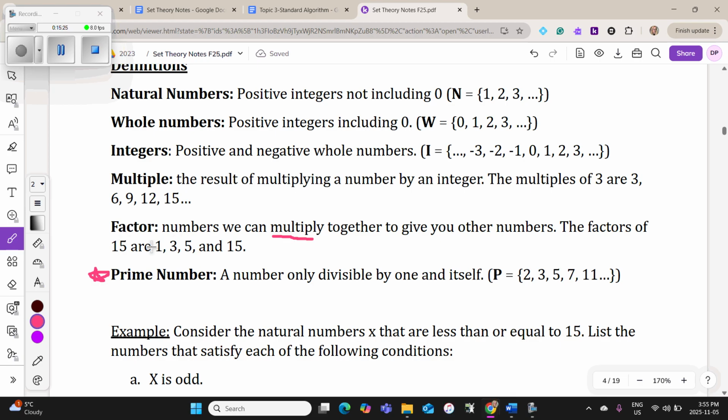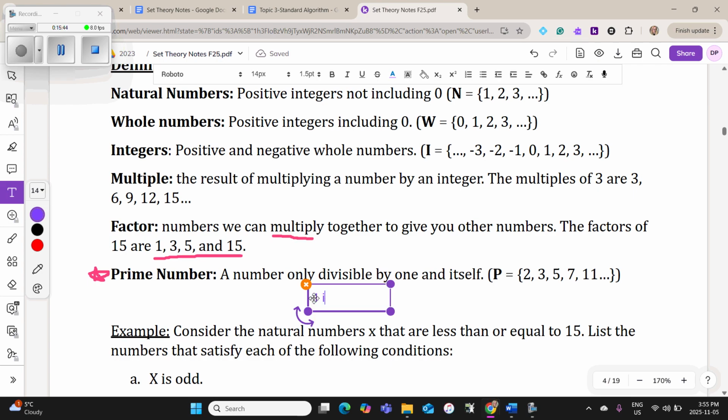So therefore, all of those numbers are going to be factors of 15. And then we already talked about prime numbers, a number only divisible by 1 and itself. And just a special note on this, that 1 itself is not prime. 1 is kind of an anomaly. It's not prime, it's not composite, it just doesn't satisfy any of those groups, but it is not going to be classified as a prime number.